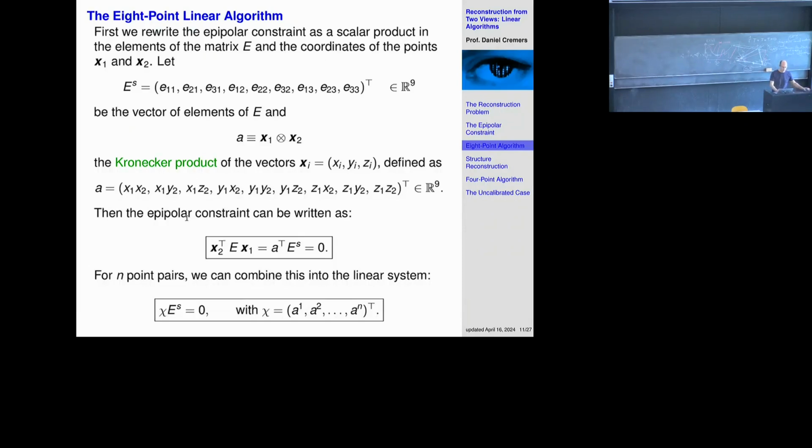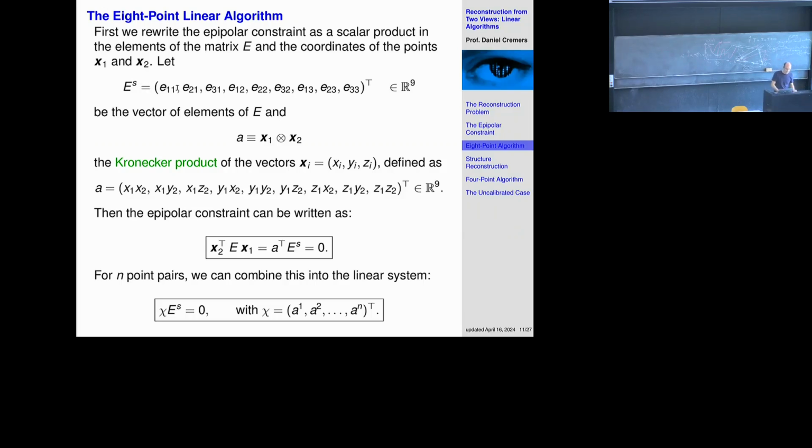this constraint. Here it is, X2 transpose E X1 equals 0. But now what we do is we rewrite it in a slightly different form. We've seen that before, this bilinear form, it's called, with X2, X1 and the matrix E in the middle. We can basically rearrange the parameters of the matrix E into a long 9D vector.